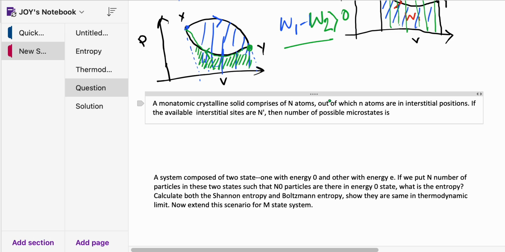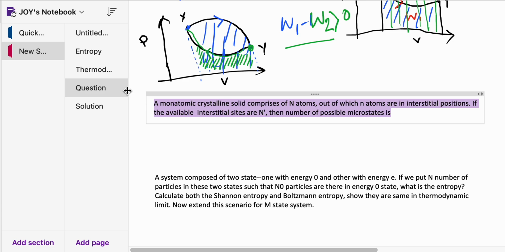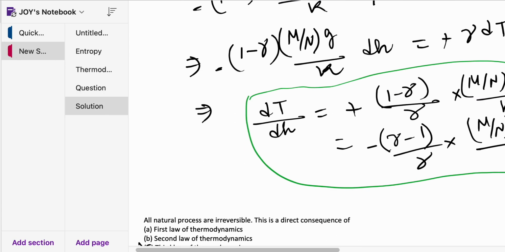That's a monoatomic crystalline solid comprised of N atoms, out of which small n atoms are... okay, let me do it in this solved section.